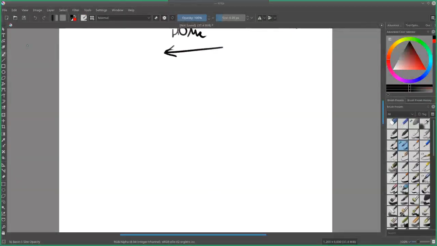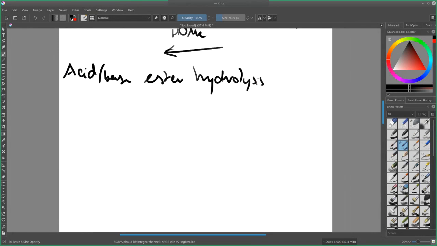Then there's a whole bunch of hydrolysis reactions. So you have acid and base ester hydrolysis. Okay. So for acid, you already know this one. This is like the third time I'm talking about it. This is Fischer esterification. For base, it's just attacking an ester with an OH.